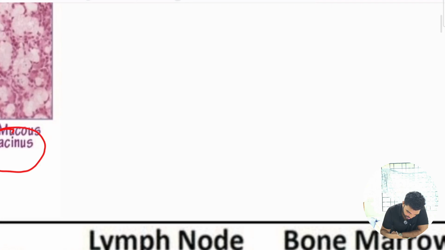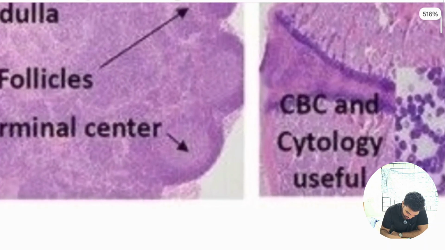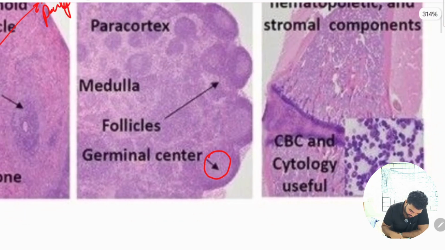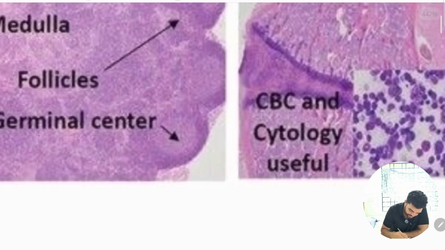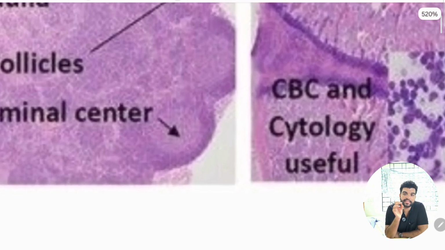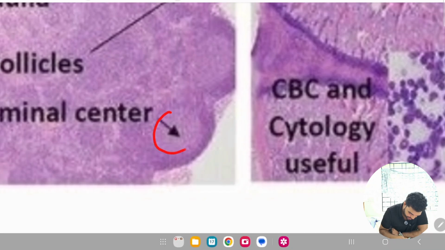Now they have started asking these things also. What is this layer? What is this germinal center? What is medulla and all this paracortex, etc.? They're asking. Please note down that too. Just before going into exam, please note down these things of germinal center. If I tell you now, you wouldn't be able to appreciate this during your exams also.